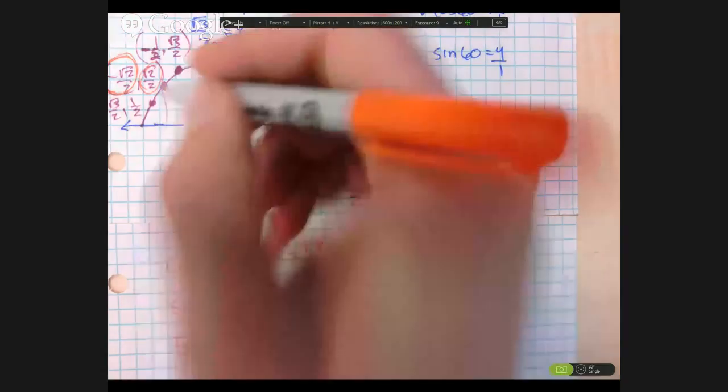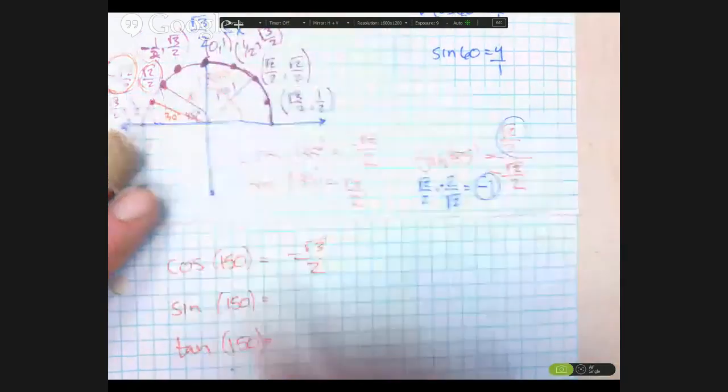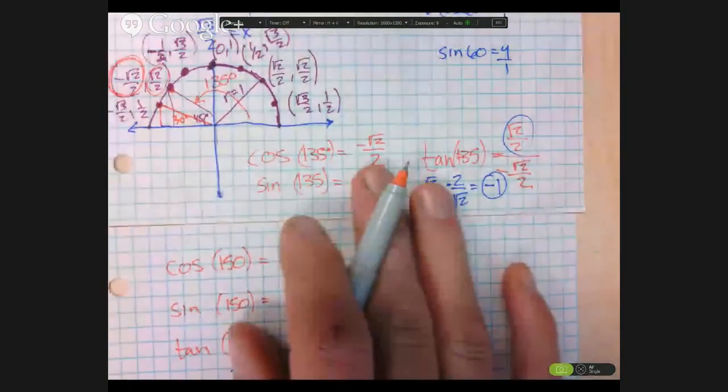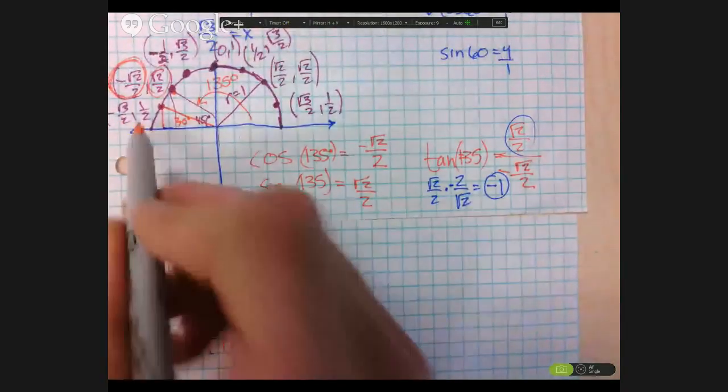Okay, that angle is the reference angle of 30 degrees. So we have negative root 3 over 2 is the x, that's cosine. Sine is 1/2.